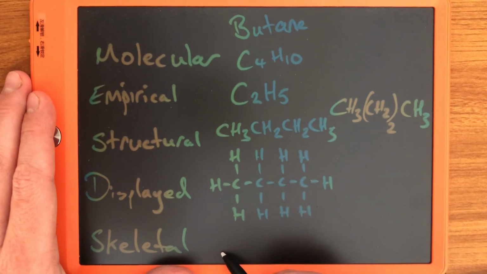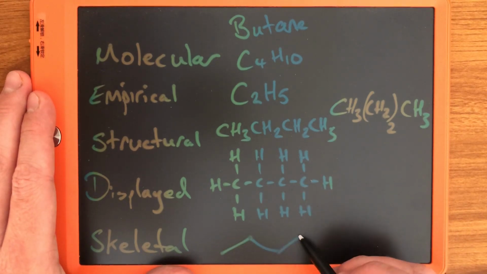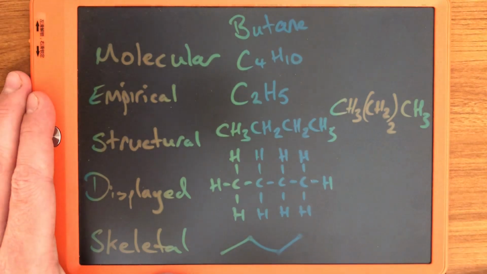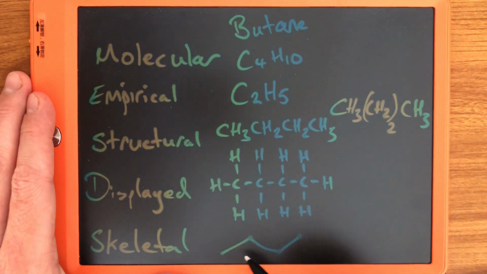So this would be simply drawn like this. So you have every end of a line that doesn't have anything on it, and every bend is a carbon. So we have 1, 2, 3, 4 carbons on there. And the hydrogens are not even drawn on, but they would be, you'd have 3 here, 2 there, 2 there, and 3 here. So the 4 bonds on each carbon are present, but you simply don't draw them in.